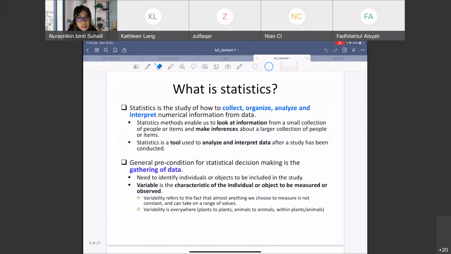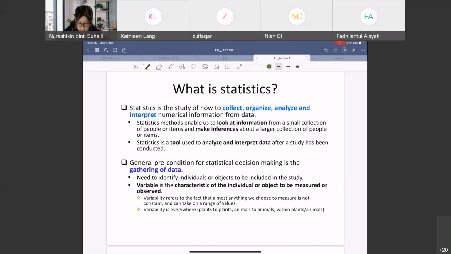Statistics basically is a study about how to collect, organize, analyze, and interpret numerical information from data. You can see those terms: collect, organize, analyze, and interpret. Each of them represents different stages of data analysis in general.